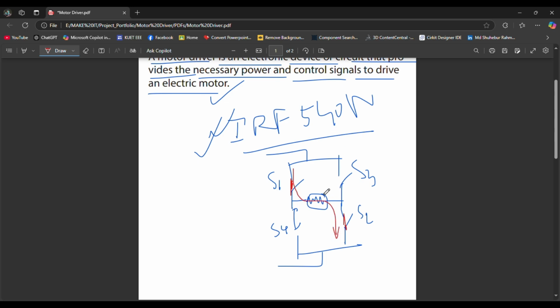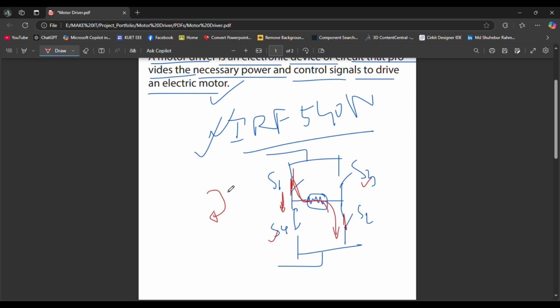For this reason you have to keep S3 and S4 open, otherwise this part will be shorted, and bad things will happen to the circuit. So when S1 and S2 are closed, you have to keep S4 and S3 open, and the current will flow in this direction, and suppose the motor is rotating in the clockwise direction, right? So you have selected a direction of the motor rotation.